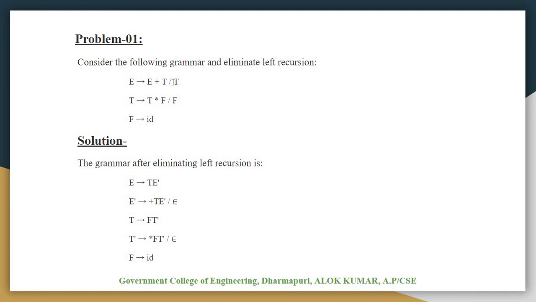E will generate T E dash, with a new non-terminal taken here. E dash will generate plus T E dash and empty. In the same manner, T will generate F T dash, and the new non-terminal T dash will generate asterisk F T dash and empty. Here no left recursion is there, so F is generating ID.